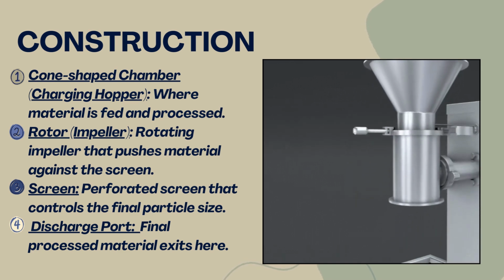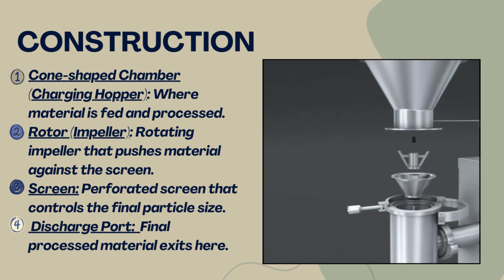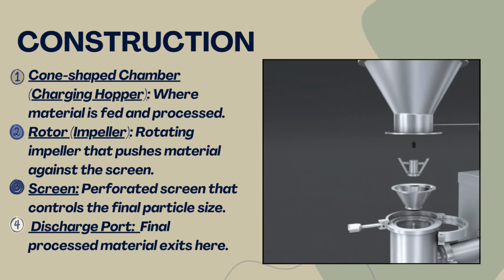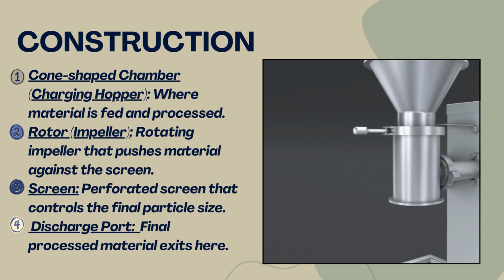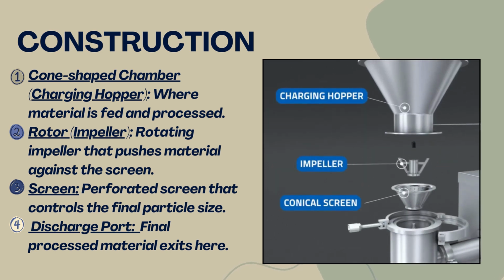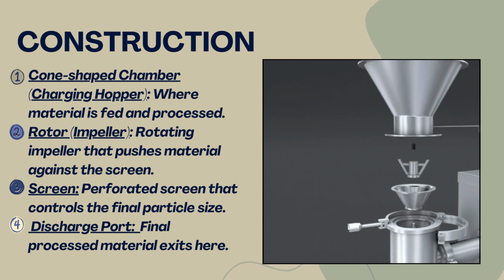Clear? Very simple. The 4 components are clear to you, right? Let's again brief it out. The first is the cone shaped chamber where the material is fed and processed. The cone shaped chamber comprises the rotor and screen, where the rotor is a type of impeller which rotates and shears the particles which are being fed.